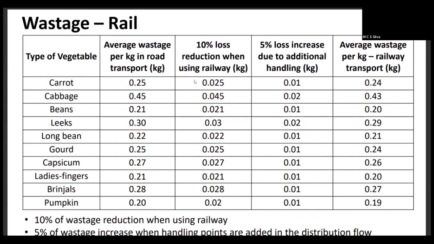When you transport through rail, compared to road transport, the wastage is reduced by 10%. And also, when you increase the handling point, the 5% loss is occurred. So accordingly, in the last column, average wastage per kg in rail transportation is shown.